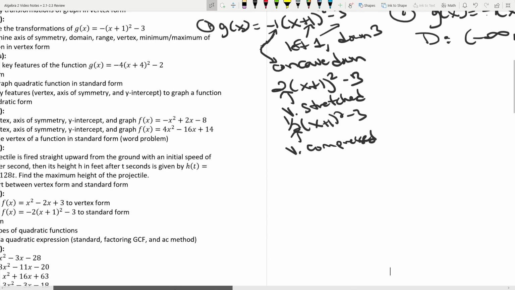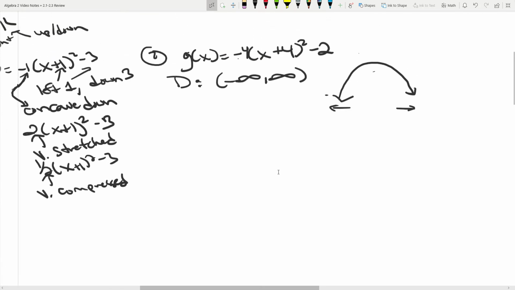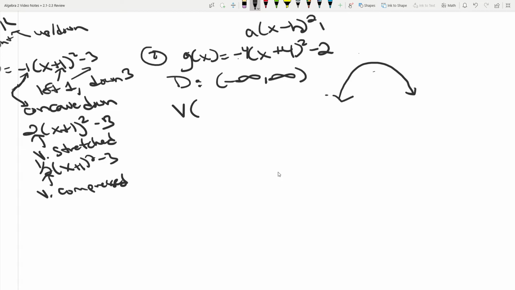Next thing we want to figure out is the axis of symmetry and the vertex. Let's do the vertex real quick because that's one of the easiest. Remember that the form is a(x minus h) squared plus k. You see the plus 4 here, and here it's minus. So if it's a plus here, it becomes negative.